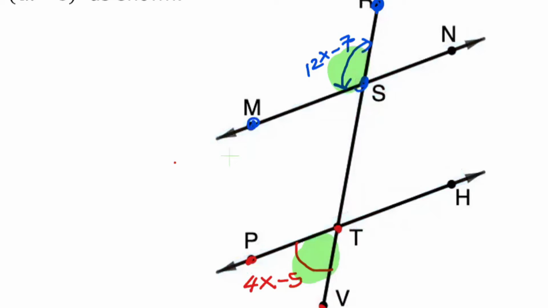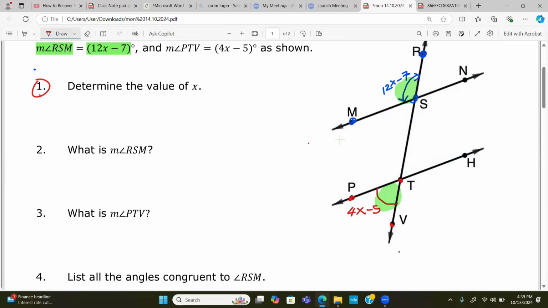So let us now put together what we know about consecutive exterior angles. Consecutive exterior angles are supplementary. What that means is 4x minus 5 plus 12x minus 7 is equal to 180 degrees. They're supplementary. So we have a regular equation that we want to solve. 16x minus 12 is equal to 180.